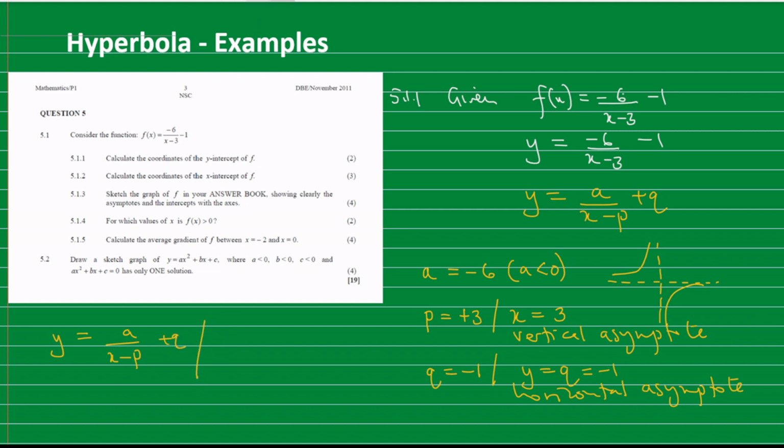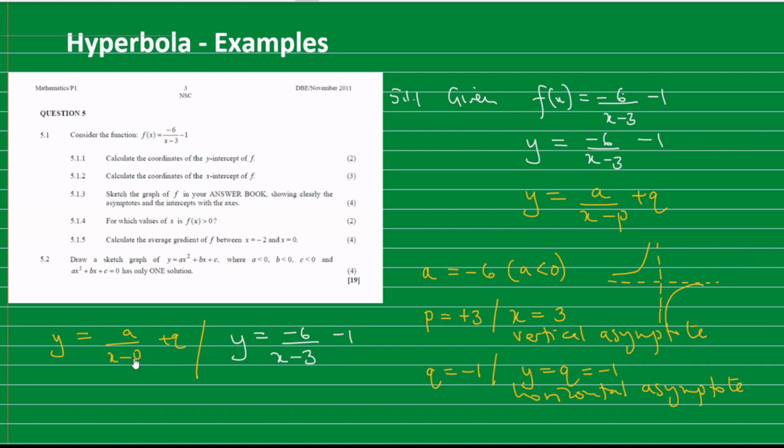The original equation is y is equal to negative 6 over x minus 3 minus 1. The p in the standard equation is a negative p.